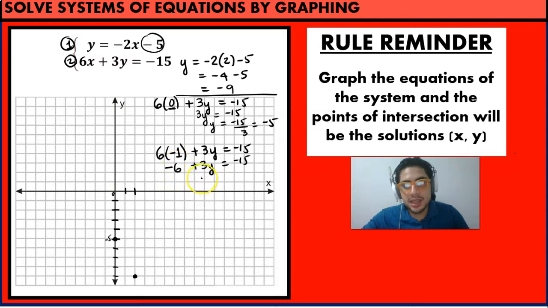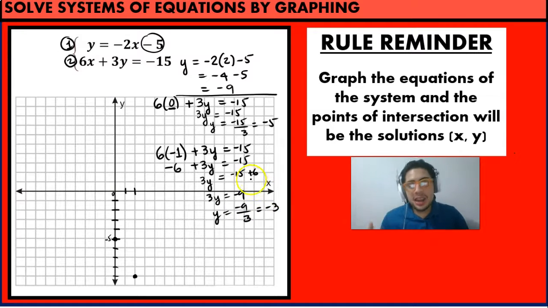This 6 passes and it adds, so 3y is equal to minus 15 plus 6, so 3y is equal to minus 9, and then y is equal to minus 9 divided by 3, which means that whenever our value of x is equal to minus 1, our value of y is going to be equal to minus 3.